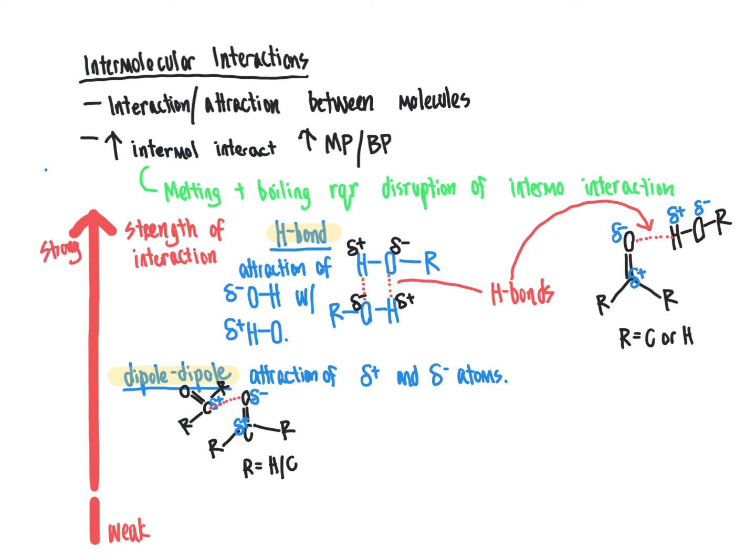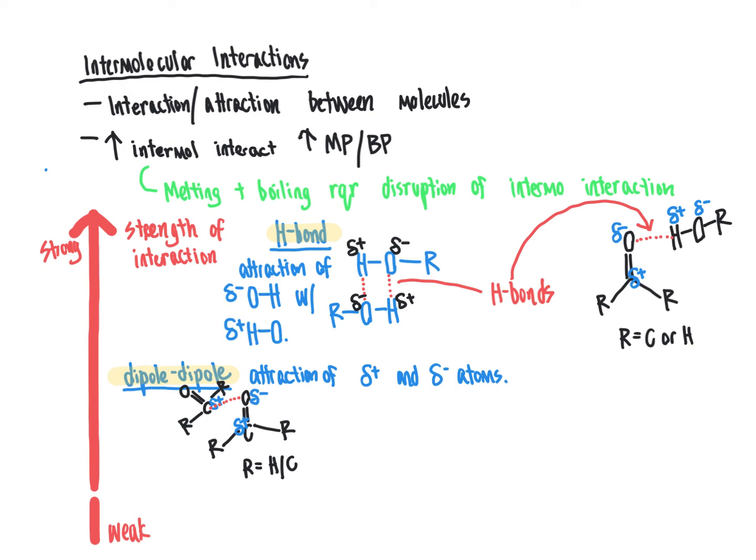This is a weaker interaction than a hydrogen bond because the carbon atom and oxygen are not as strongly polarized as an OH or NH bond in the case of the hydrogen bond. So a dipole-dipole interaction is a weaker version of a hydrogen bond that relies on some of the same principles, that it's the attraction of positively polarized and negatively polarized atoms, but it's a less extreme example.